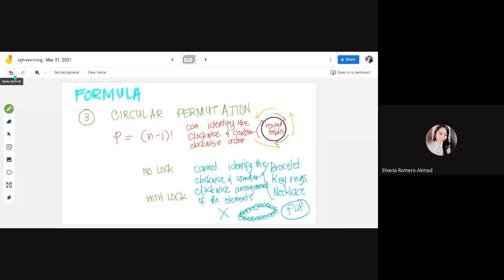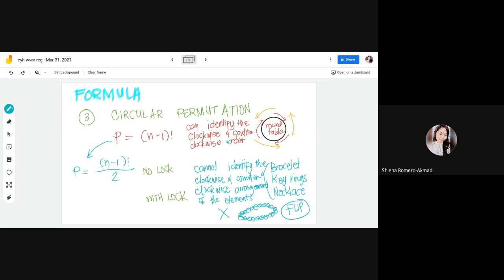Kapag po no lock, ang formula na gagamitin ay permutation is equal to n minus 1 factorial divided by 2. Nanggaling siya dito. Okay? Bakit siya nanggaling doon? Kasi di ba pag nag-arrange tayo in a circle, ito yung formula natin.